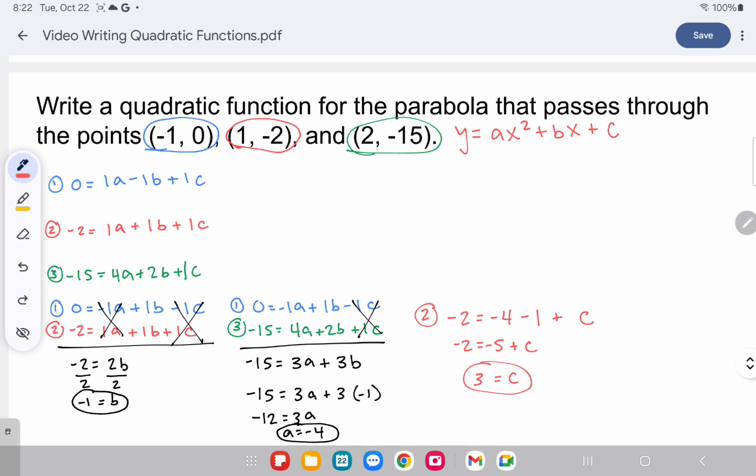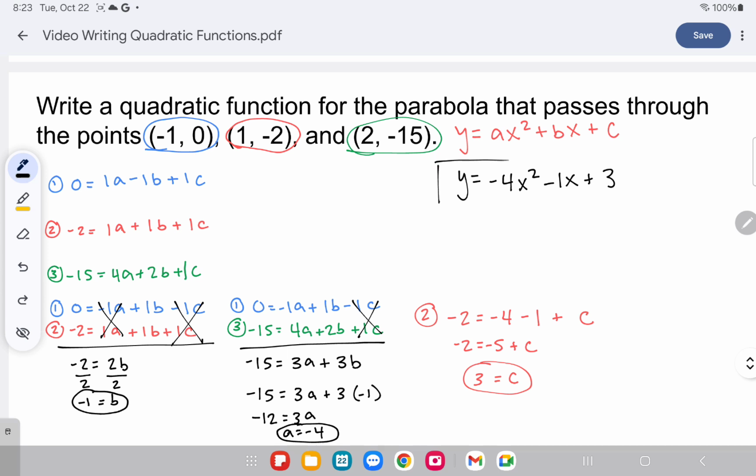Now I have all three variables. So now that I have found A, B, and C, I'm going to go back to the original problem. We were going to write this in standard form. Now I know my A is negative 4, my B is negative 1, and my C is 3.